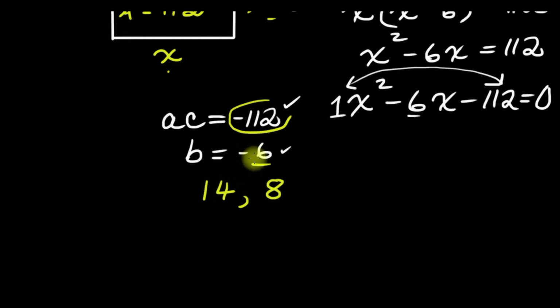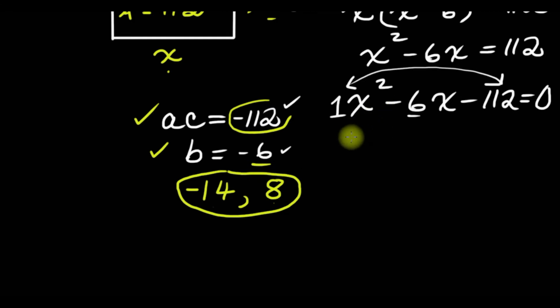Okay, you want to end up with negative 6, so the 14 has to be a negative number. Negative 14 times 8 is negative 112. Negative 14 plus 8 is negative 6. These are the two numbers that we're looking for.